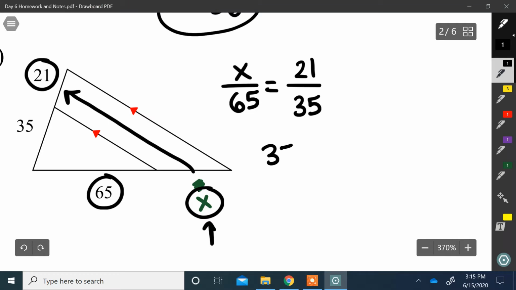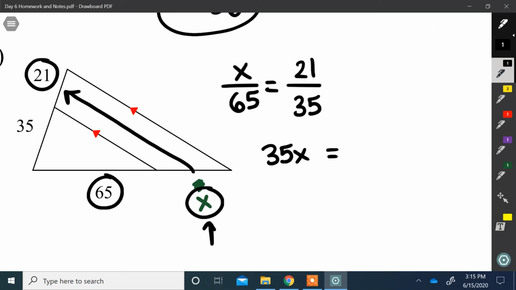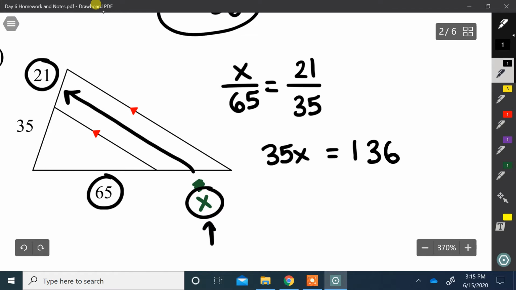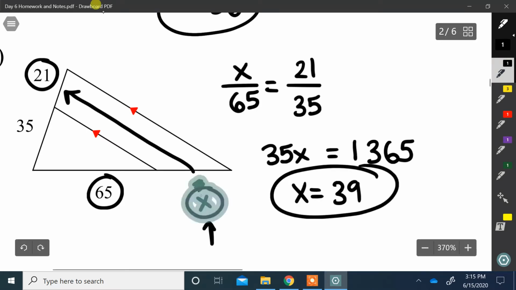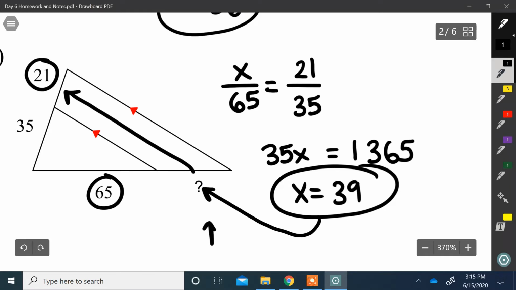So we're going to get 35x is equal to 21 times 65, which should be 1365. Then I'm going to divide by 35, and I'm going to get x is equal to 39, and that is exactly what the question mark is, because that's what I said it was going to be. The question mark was going to be x.